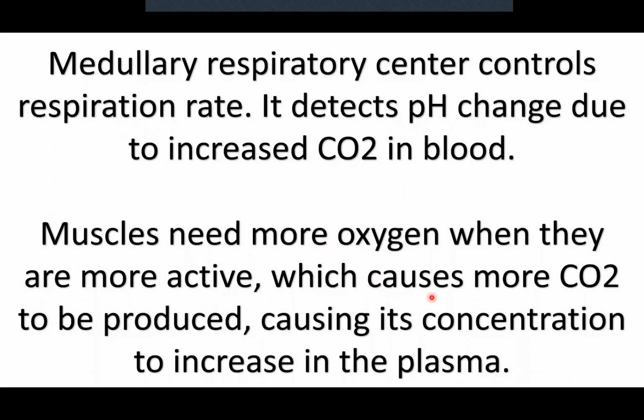So this causes more CO2 to be produced because you are going through cellular respiration more, causing more waste products like CO2 to be produced. And that causes the concentration of CO2 to increase in the plasma in the blood, which again, the medullary respiratory center can detect because it can detect the pH change.